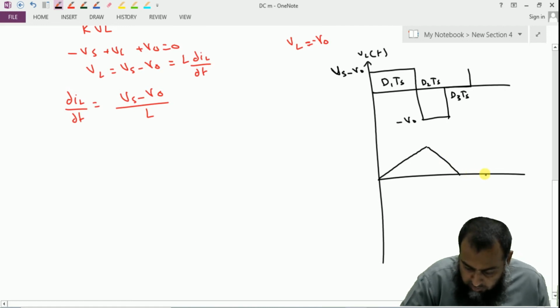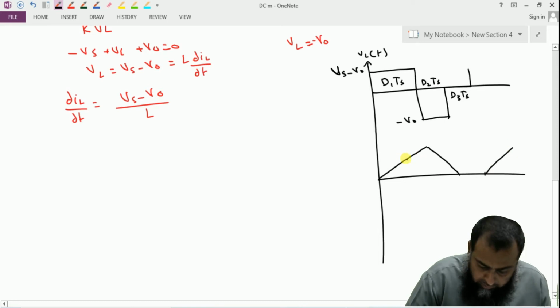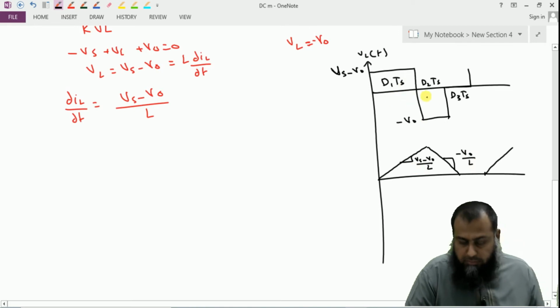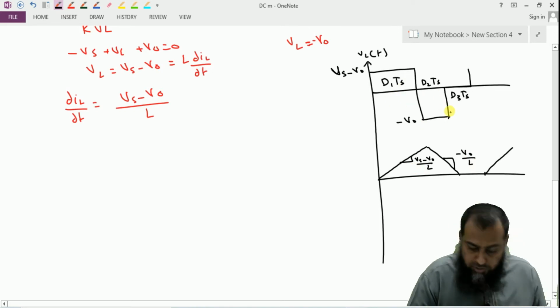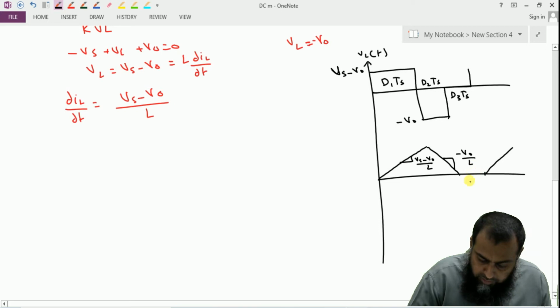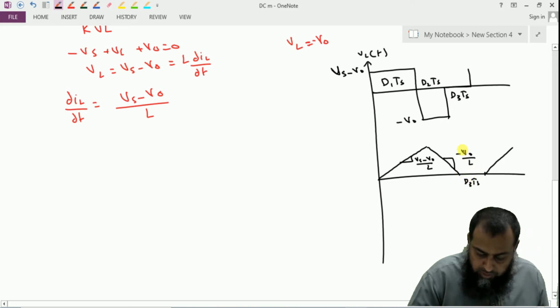It will remain 0 until the new switching cycle begins. This particular slope is Vs minus V naught over L during D1 Ts, and this particular slope is minus V naught over L during D2 Ts. We do not have any current flow during D3 Ts, as is obvious from the voltage waveform as well.